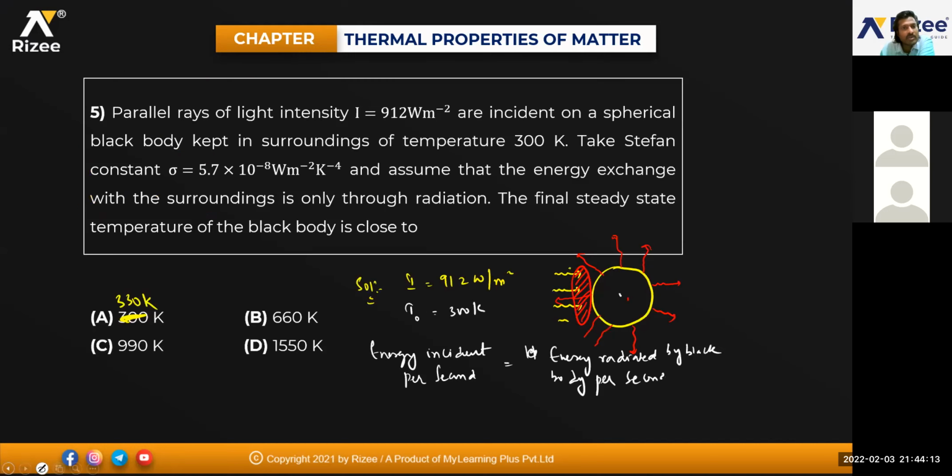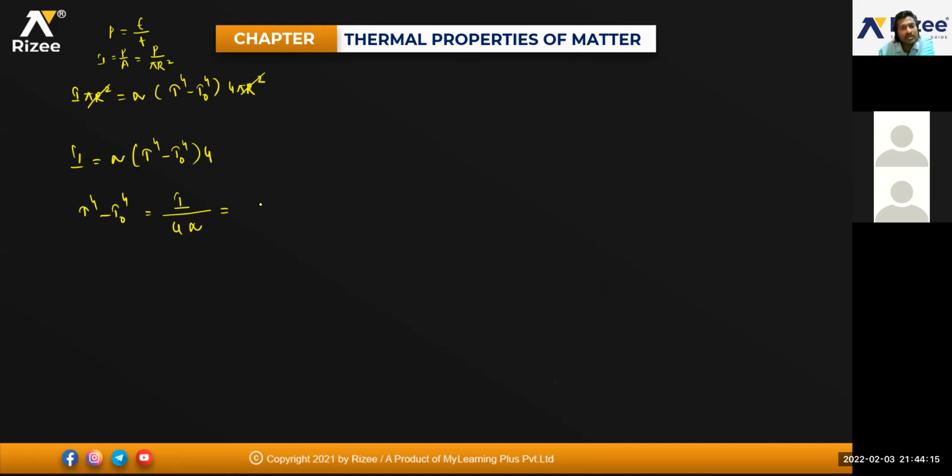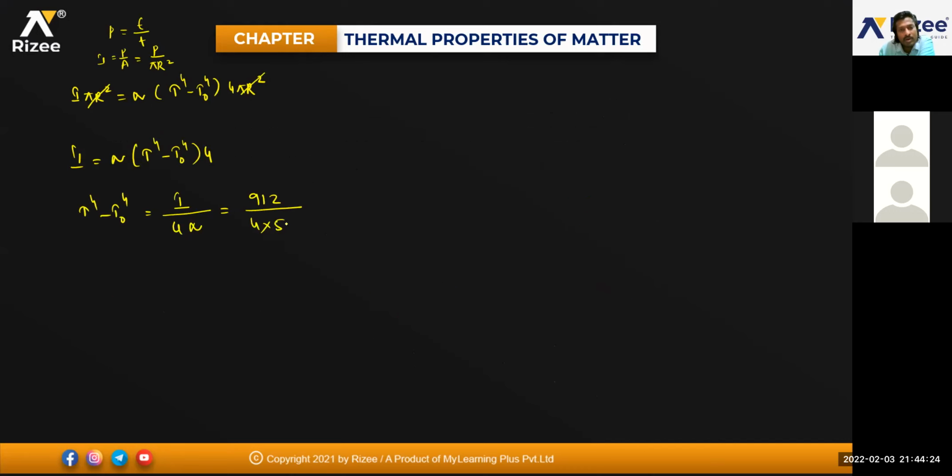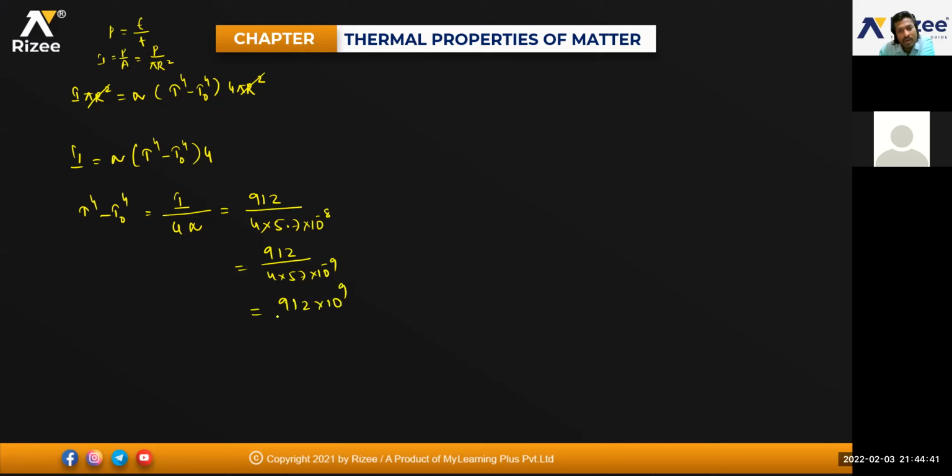Intensity is given as 912, divided by 4 into 5.7 into 10 to the power of minus 8. That equals 912 divided by 4 into 57 into 10 to the power of minus 9, which means 912 into 10 to the power of 9 divided by 4 into 57.